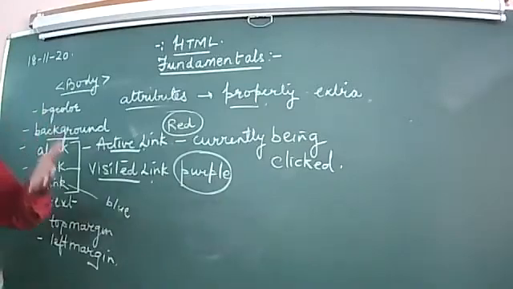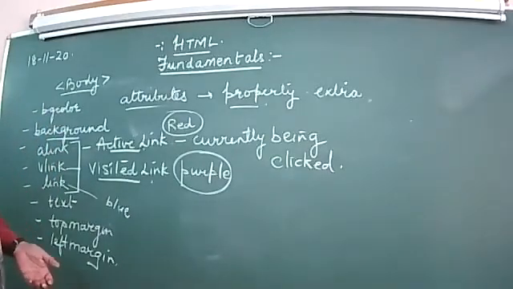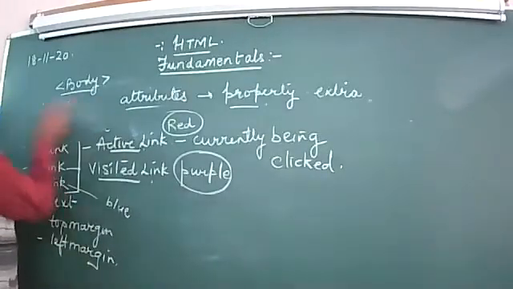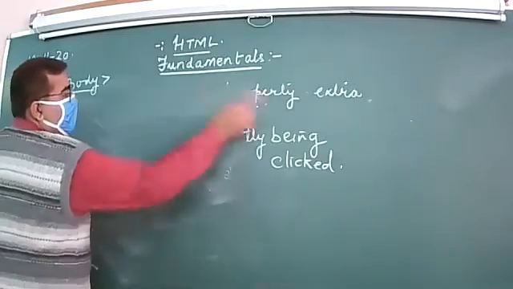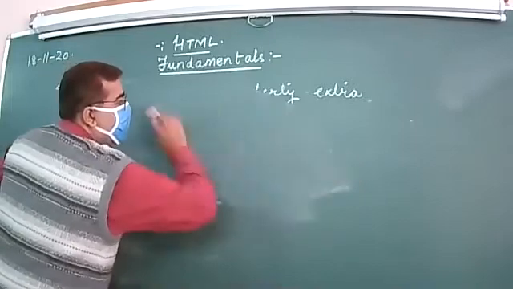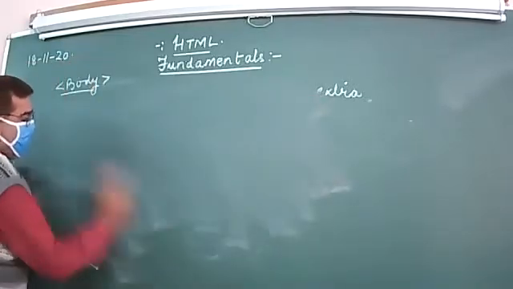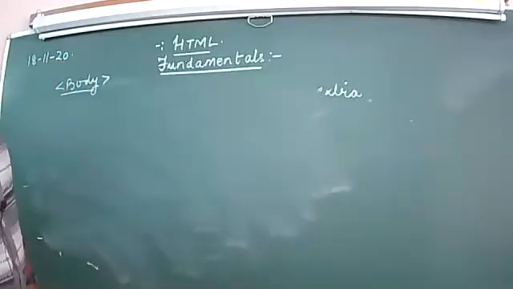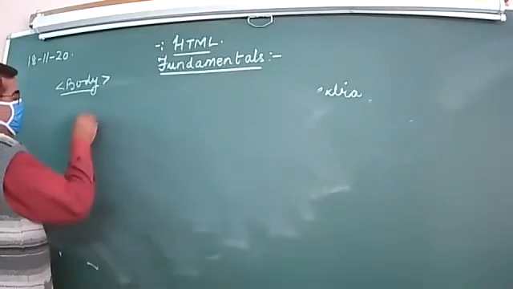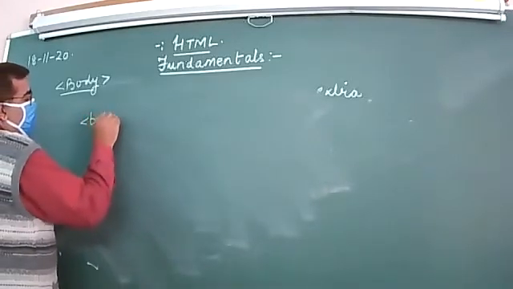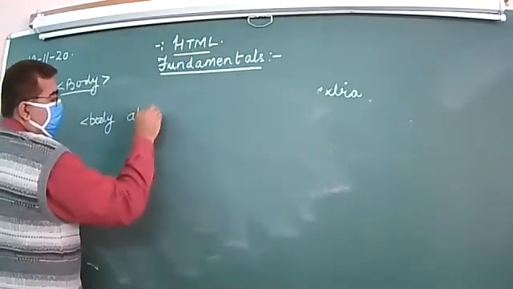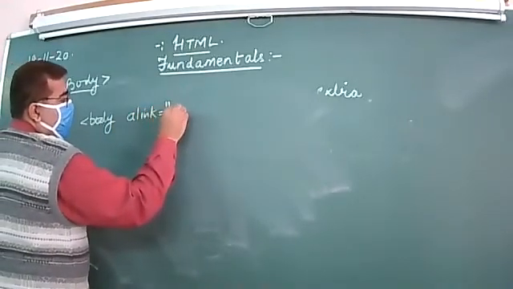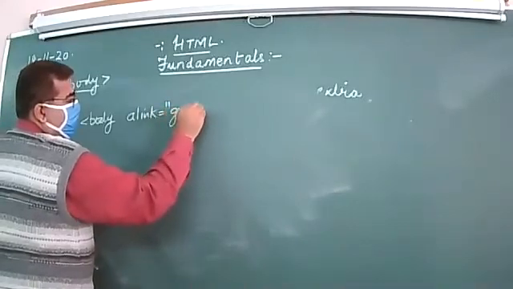Now, how to give the command for the links in the body tag? Suppose you get a 1 mark question that says write an HTML command to specify the color of the links, and you have been provided with all the colors. So how to write the command? Body tag, A link, I am giving the color green.